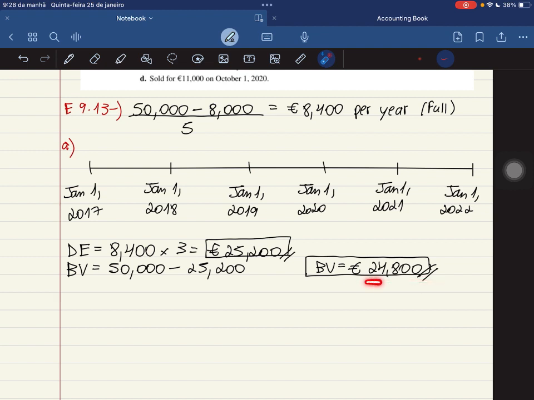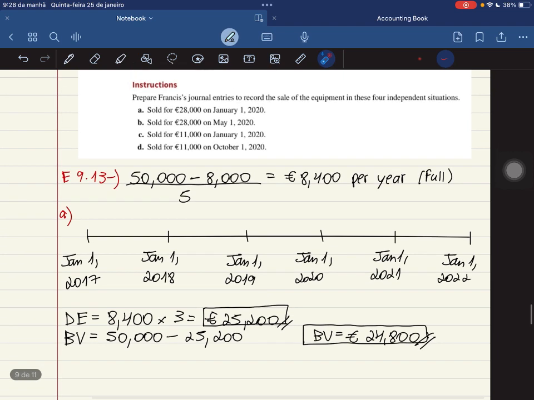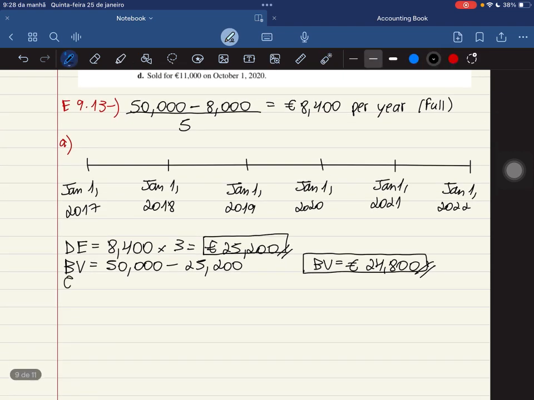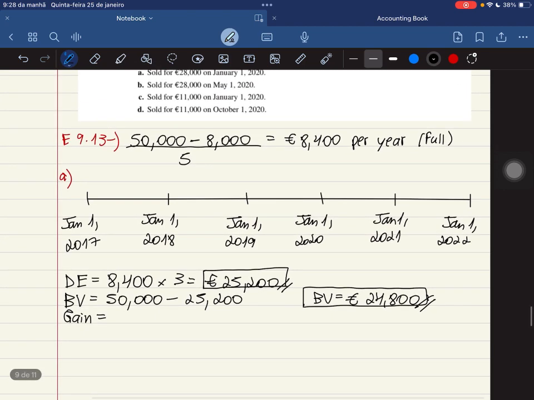If I sold it for less than 24,800, I have a loss, because this is the current value of my machine. How much did I sell it for? I sold it for 28,000, right? So I have a gain on disposal, and my gain is 28,000 minus 24,800, which is 3,200. That is my gain.